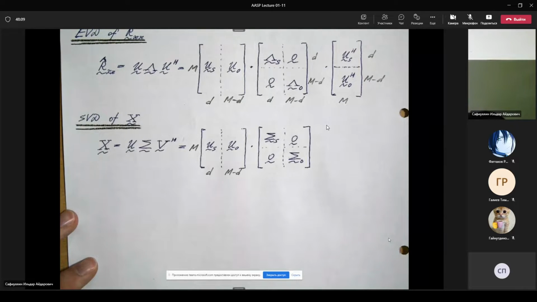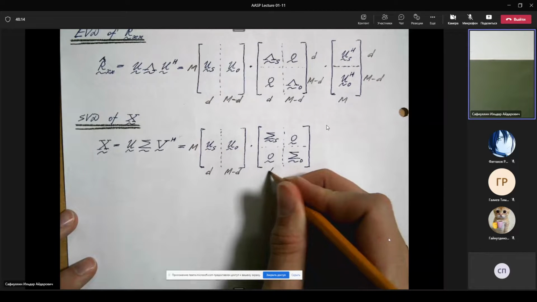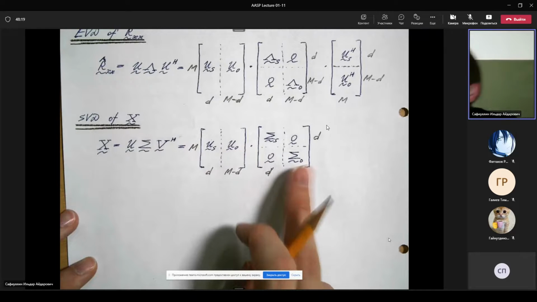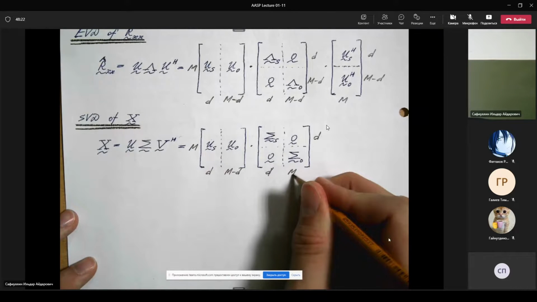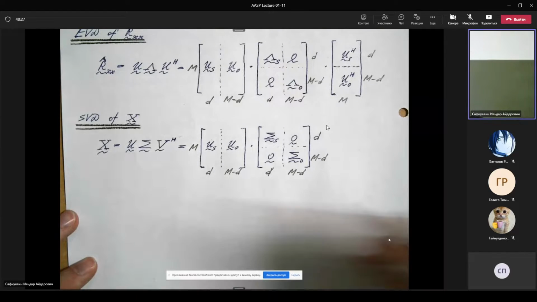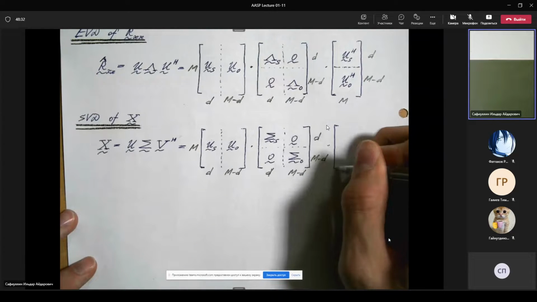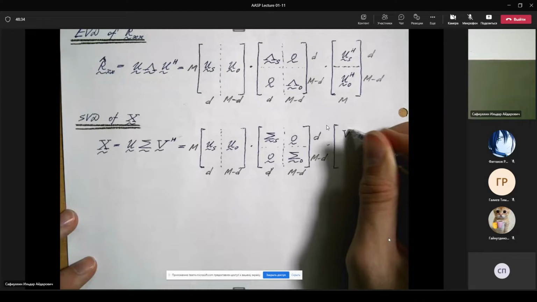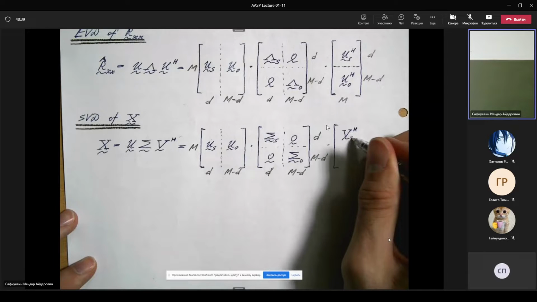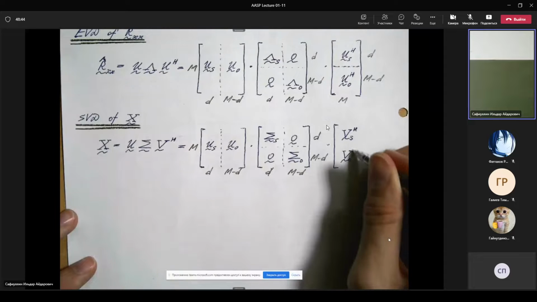Number of columns and number of rows for sigma subscript s is equal to d. And for the sigma subscript 0, it is m minus d and m minus d. And we end all this part with V Hermitian, of course, with this subscript s, and V subscript 0 Hermitian.